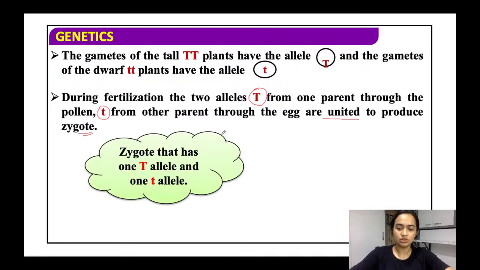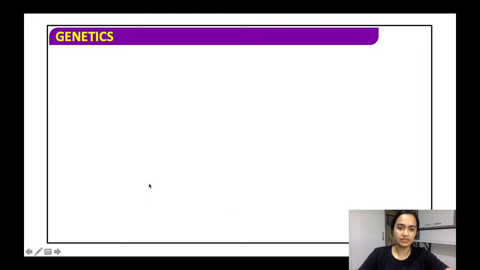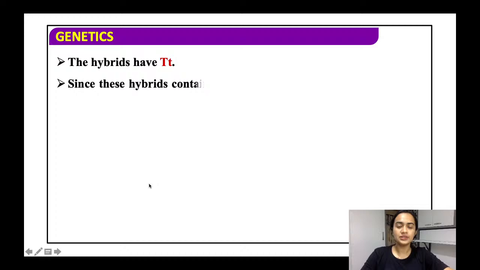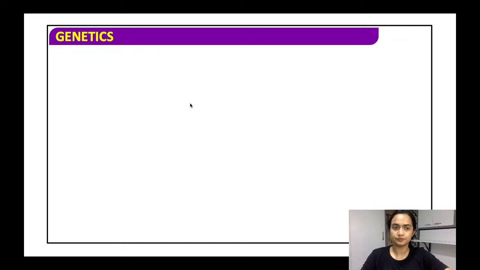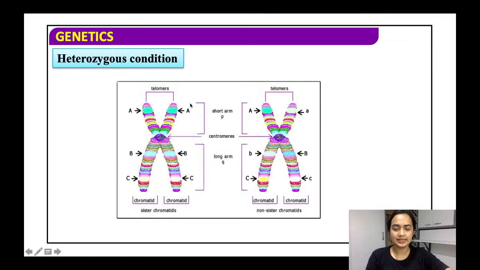So the zygote has one tall allele and one dwarf allele. Fine. So these hybrids are capital T and small t. Since these hybrids contain both types of alleles and express contrasting traits, they are termed heterozygous. So this is an example of the heterozygous condition.